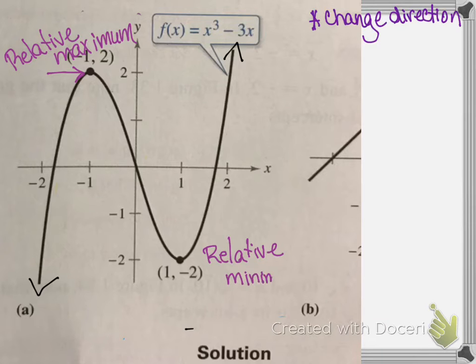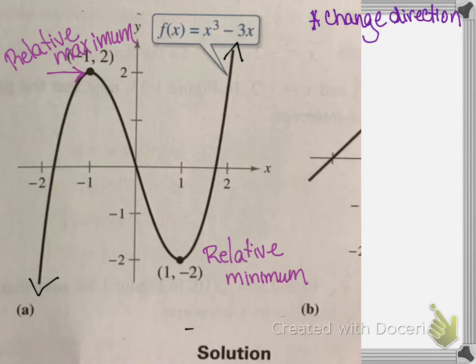Now, I want you to pull out your phone because I'm hoping that you have downloaded Desmos. So I want you to pull out your phone and go ahead and graph this, x to the third minus 3x. This is a great opportunity for you to start learning how to use Desmos. Then I want you to touch the part that appears to be the relative maximum.